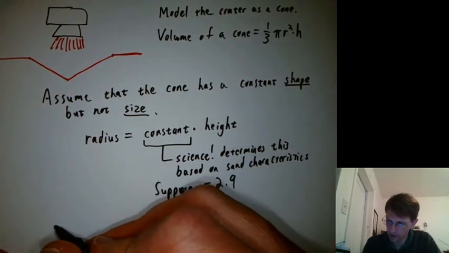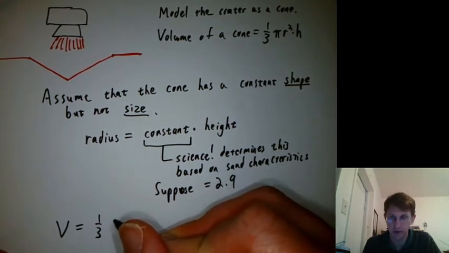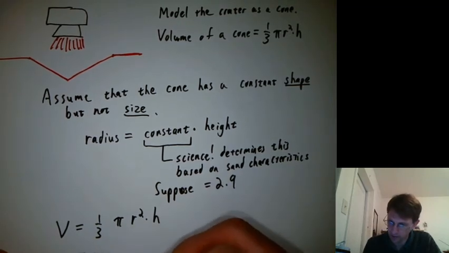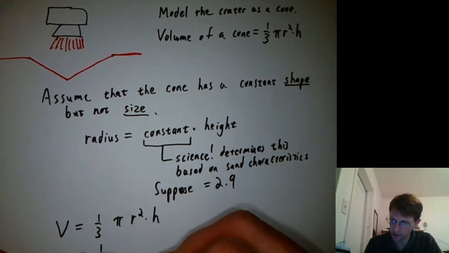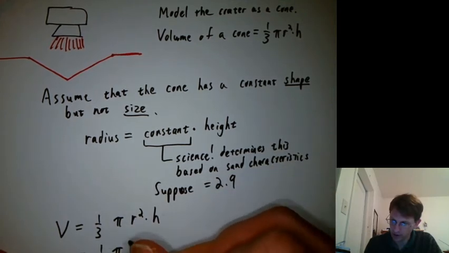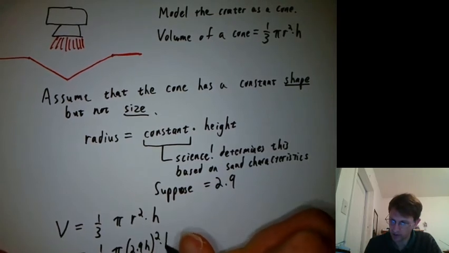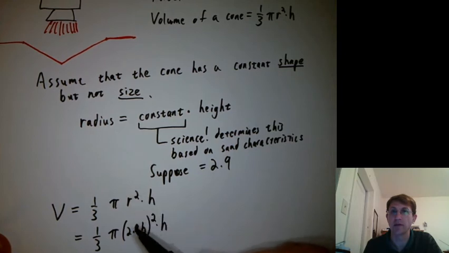So then what can we say? We can say volume equals 1/3 pi r squared h, but we know that radius equals some constant times the height, so we could say 1/3 pi, and instead of radius, say 2.9h squared times h. So I'm just re-expressing this so I have only the cone height on the side of the equation.